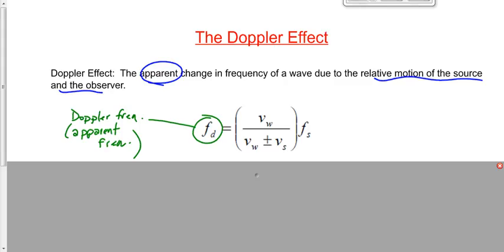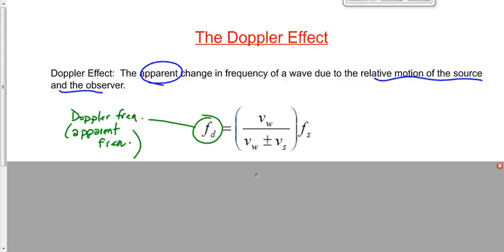So if a planet or a star is moving towards you, the frequency of the light is going to appear to be higher, which means it's going to shift towards the blue. It's going to trick you into thinking this star is producing blue light. It's not. The actual frequency will be smaller than that. But as it's moving towards you, it appears to be a higher frequency, so it would be blue light.